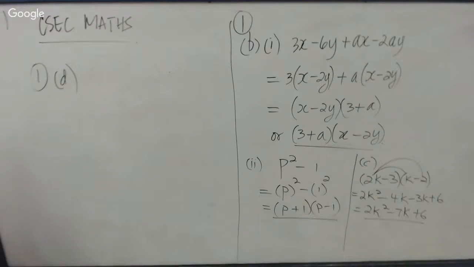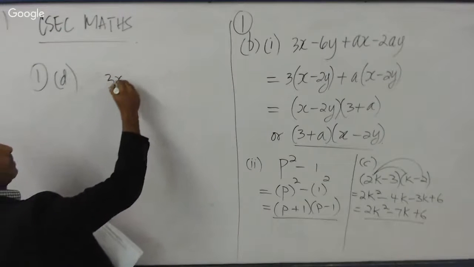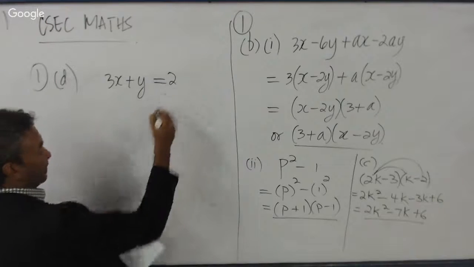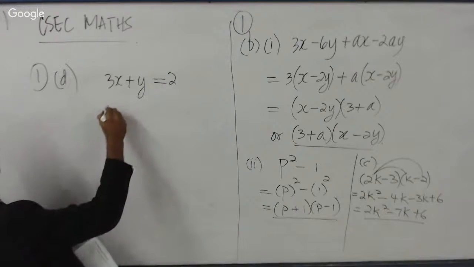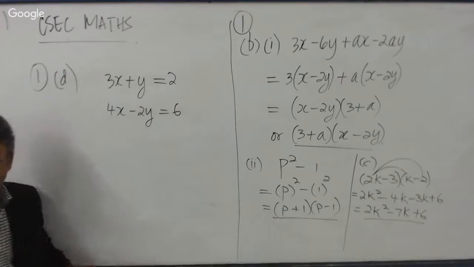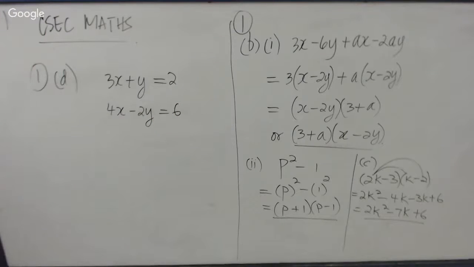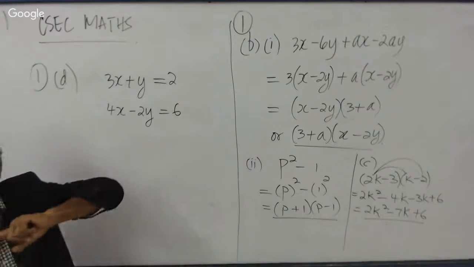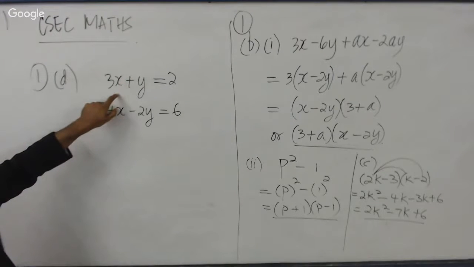Okay, watch this carefully. Simultaneous equations. 3x plus y is equal to 2. 4x minus 2y equal 6. They're saying show that the point of intersection is 1, negative 1. What that means, the equation for a straight line can look like this.